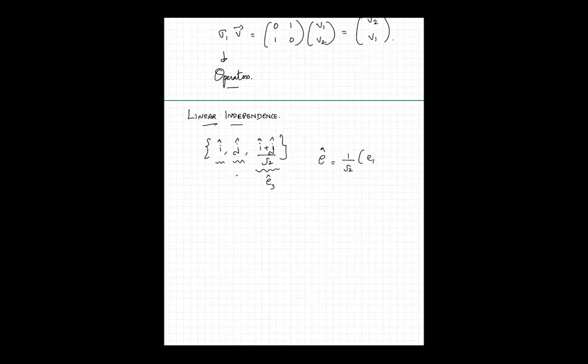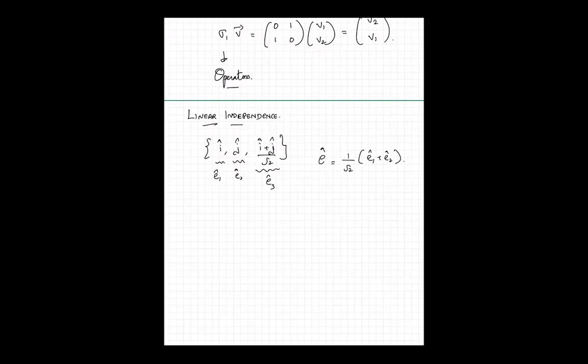Let us call them E3, E2, and E1. The third vector is nothing but a linear combination of the first two, so it gives me nothing new. If in a set I have one vector which can be written as a linear combination of the other vectors, then that vector is unnecessary as a basis vector. I can throw it out.